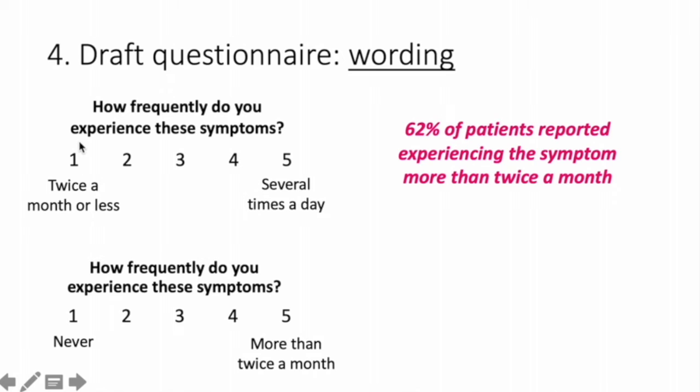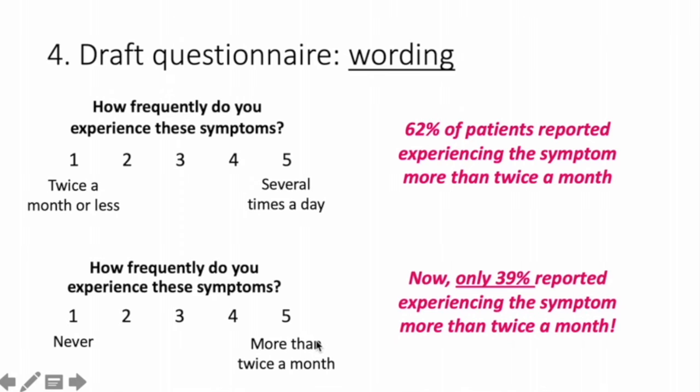But if somebody did experience it twice a month or less, they would still be selecting 1. And there'd be no way of distinguishing between the two types of populations. And that's why over half of the participants and patients experienced some symptoms to a certain frequency.